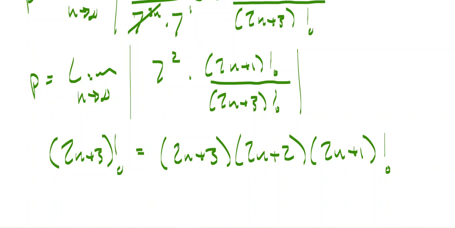So what I've done is I started with 2n plus 3, subtracted 1 from it to get 2, and subtracted 1 from it to get 1.